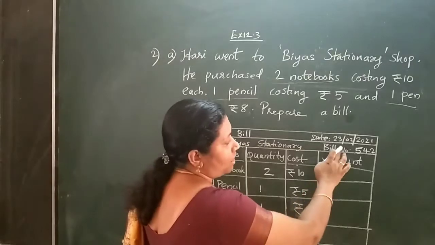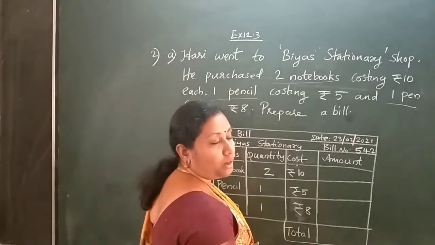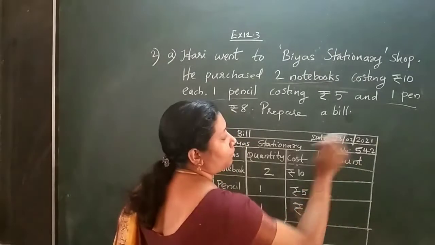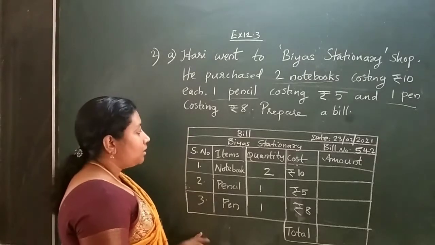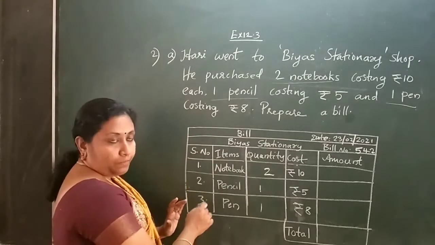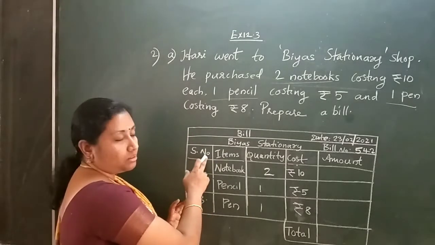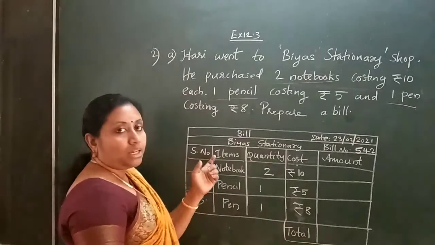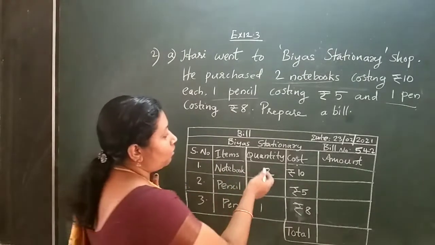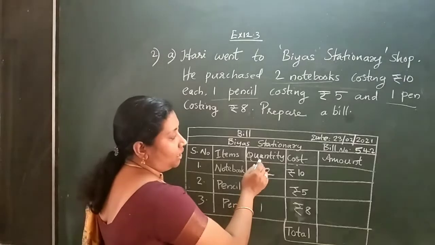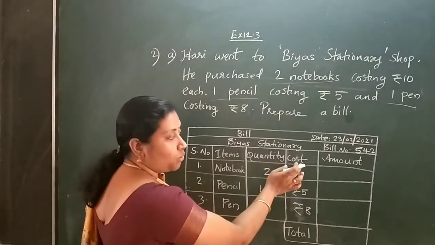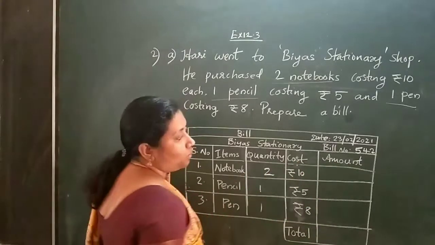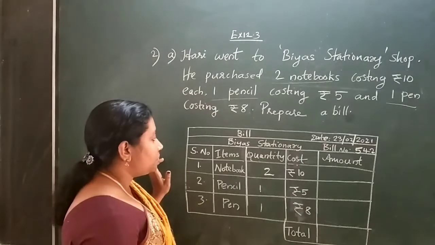Then you write one bill number. Any number you can write here. Then in the first column, serial number, that is 1, 2, 3, etc. Next one, the items. Second column is for quantity. Third one, cost. Last column is for amount.